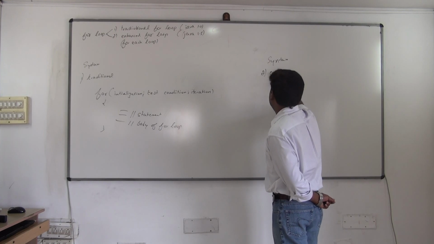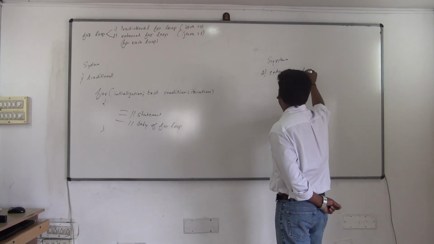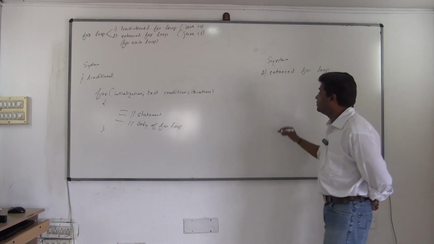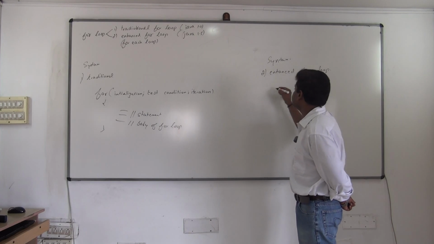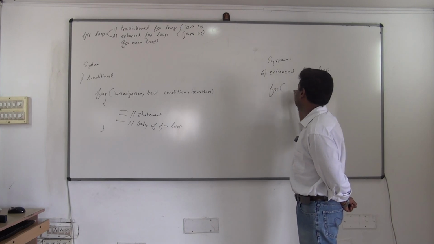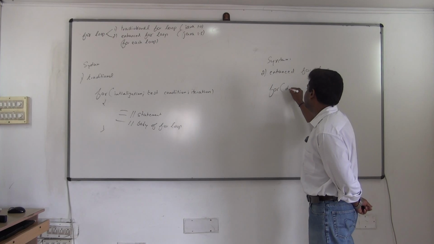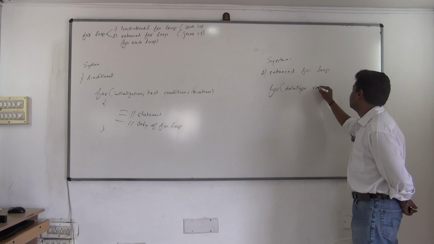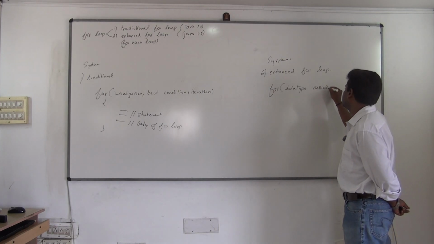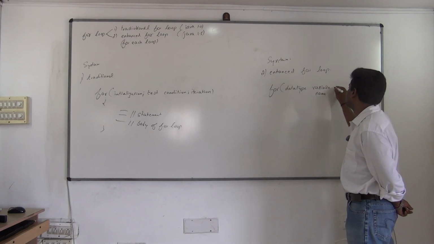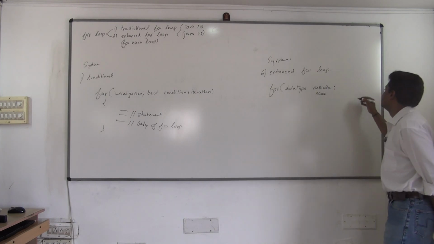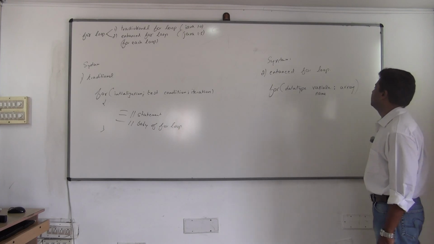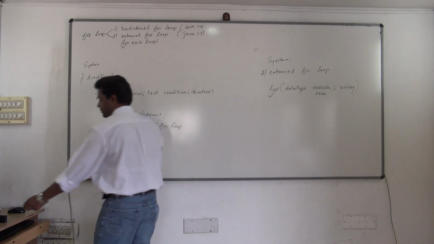First see the enhanced for loop syntax. A new for loop has been given to you. It was added in Java 1.5. Remember that? The syntax goes like this. For, data type, variable name, colon, you can have an array, or I'll take it as var name, it will be easy for me to write there, variable name.